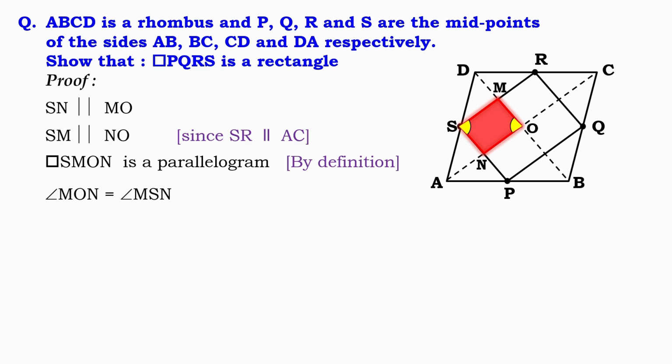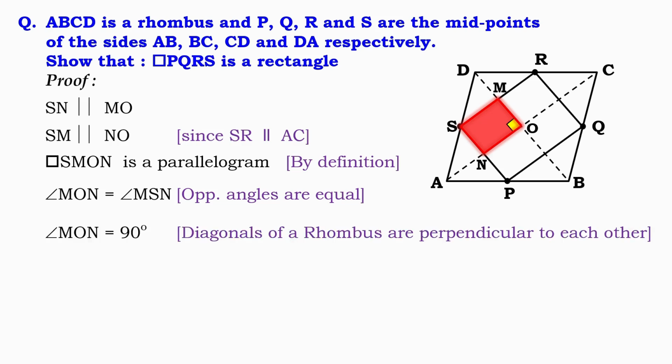Correct? Now take angle MON. Angle MON is equal to angle MSN. Why are they equal? Because they are opposite angles, and we know that in a parallelogram, opposite angles are always equal.